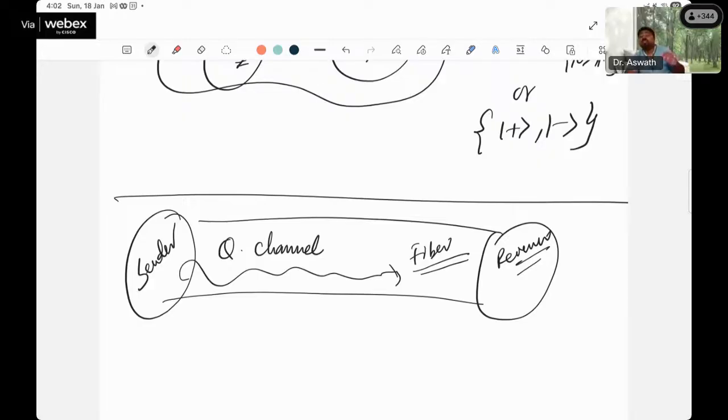When it comes to satellite or aerial communication, a future advanced technology, the target for free space communication is to use satellites in Earth's orbit.